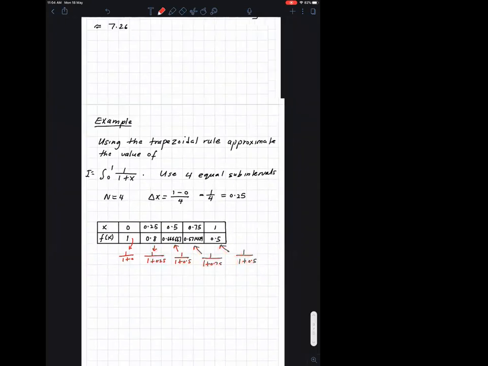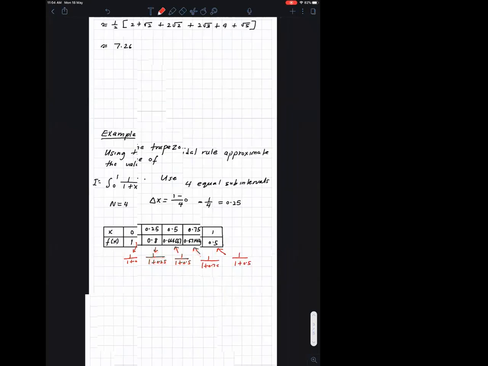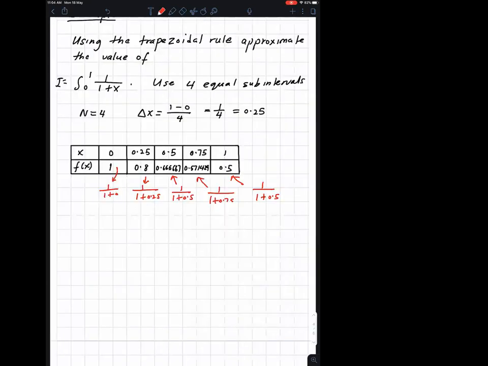Any question? Then you go and plug into that formula: I is equal to delta x over 2.